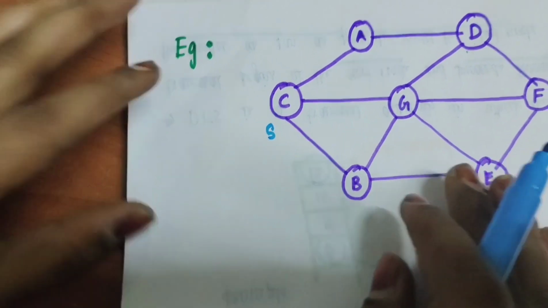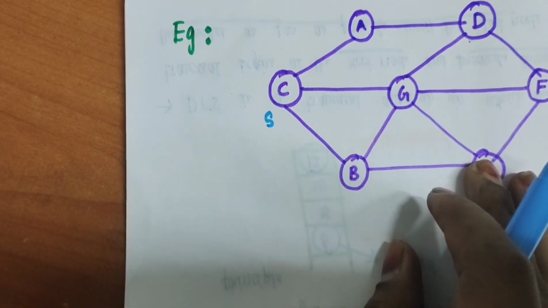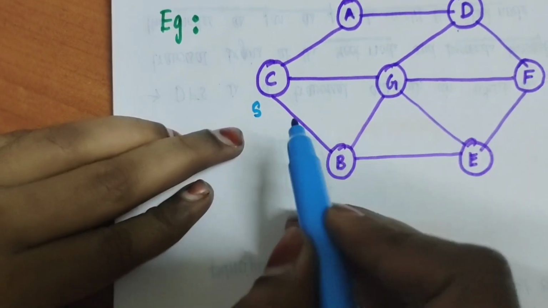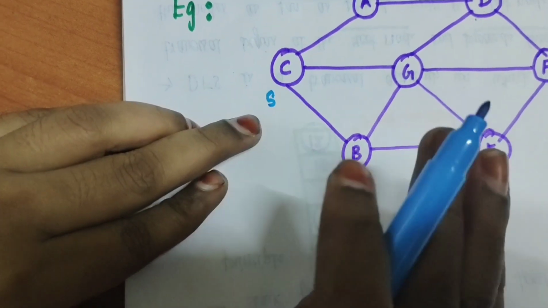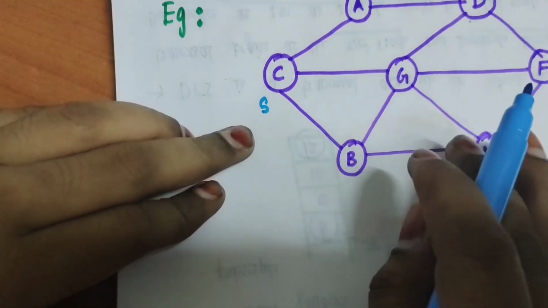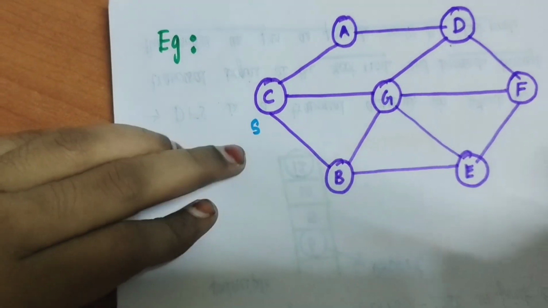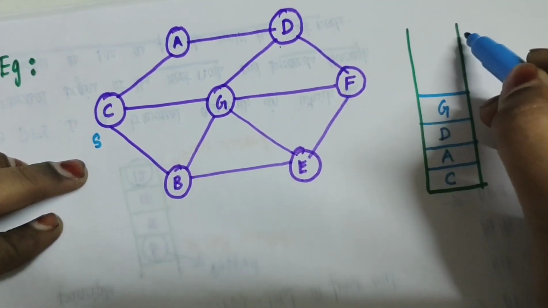Now I take the same example graph as taken before in BFS. Now I also consider C as the starting node. So for DFS traversal, as we saw, we will use a stack data structure.